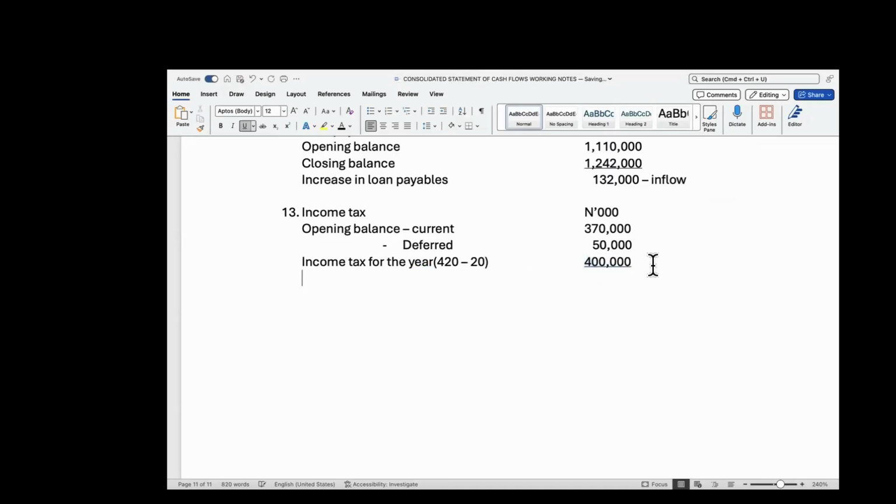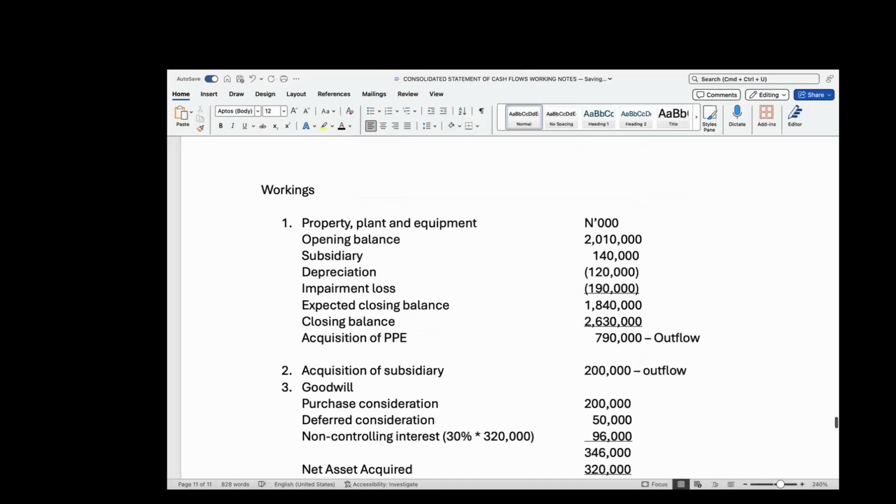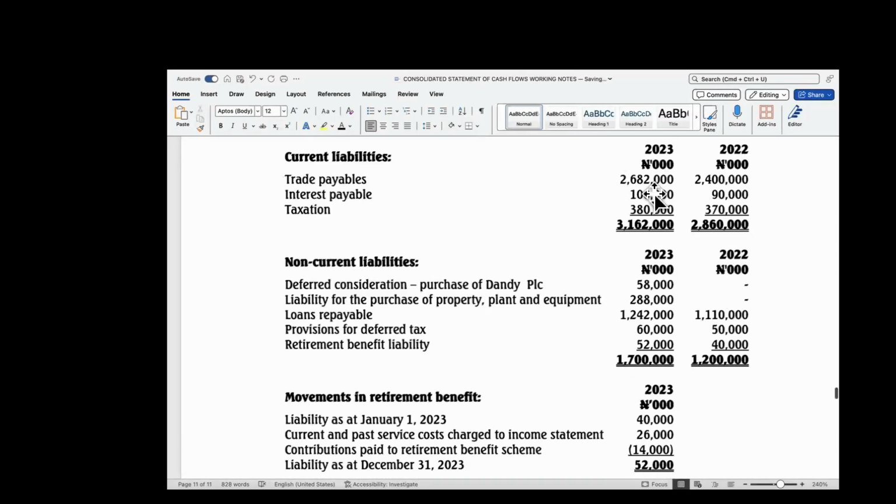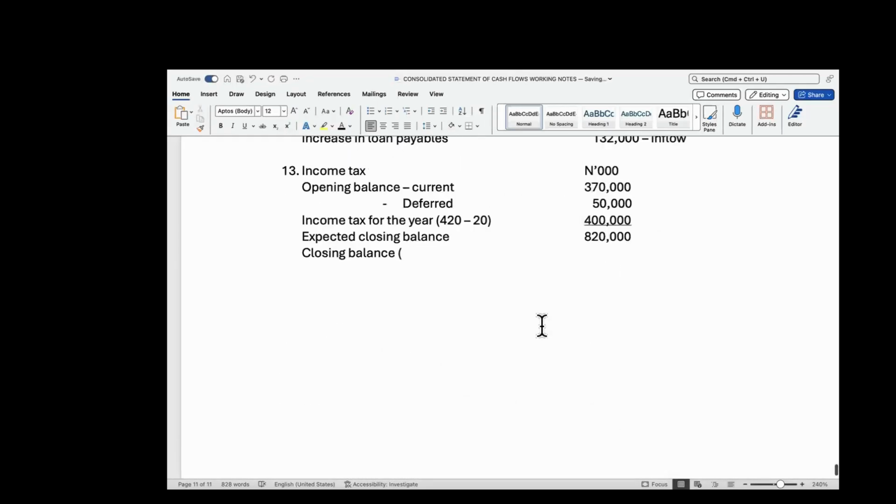So who can tell me what's my expected closing balance for taxes? What's the addition of these three? 820. But what's the closing balance that I have? My current is 380 and this is 60. So 380 plus 60.